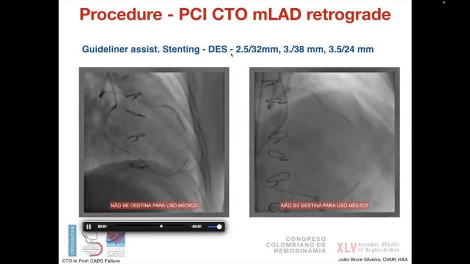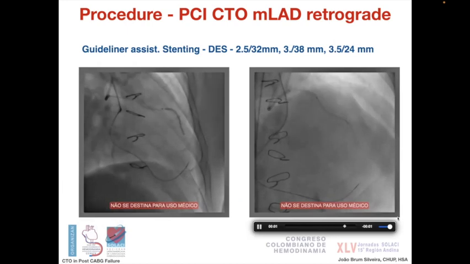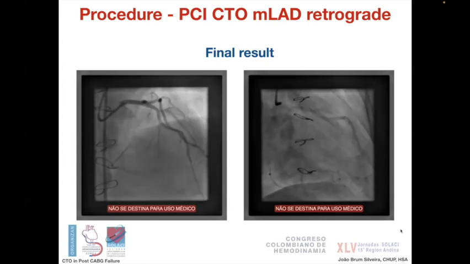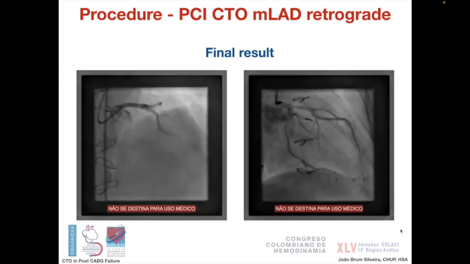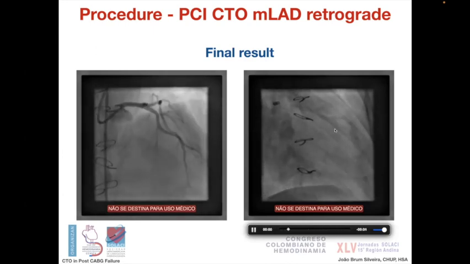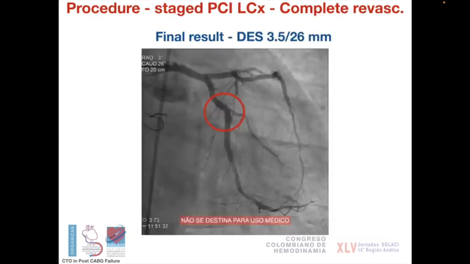We implanted 3 stents: 2.5 by 28 and 3.5 by 24. And this is my final result in the LAD. As you can see, not bad results at the end of the procedure, but look at the stress in the anatomic distortion, the distortion for the surgery. We performed the complete revascularization weeks after the first procedure. We implanted a 3.5 by 26 stent in the RCA. We performed the complete revascularization.